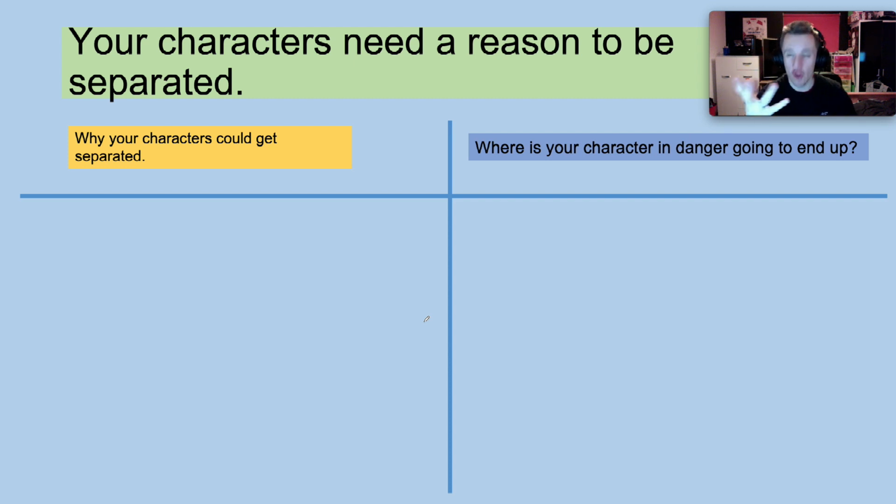Now, I'll give you some possible reasons. And then you can either pick one or go for your own. So for why your characters could get separated, well, one of them could get lost. That's completely plausible. One could get lost.